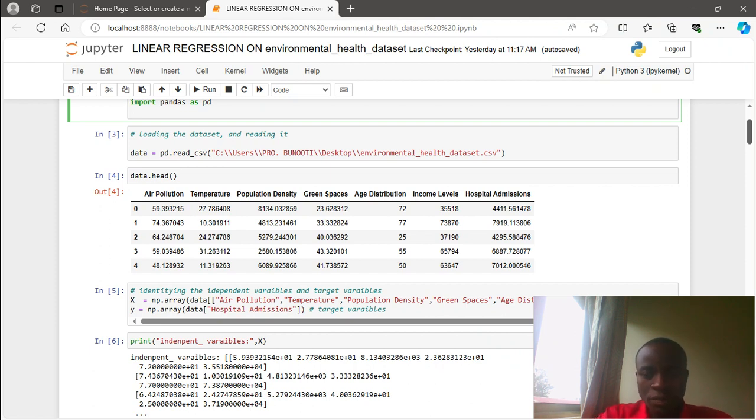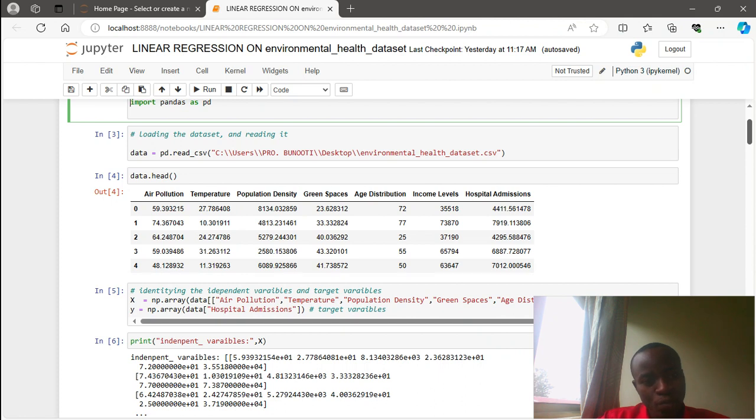So here our independent variables are going to be air pollution, temperature, population density, green spaces and age distribution. Then income level. We want to see how these independent variables are correlated with our target variable, which is hospital admission.